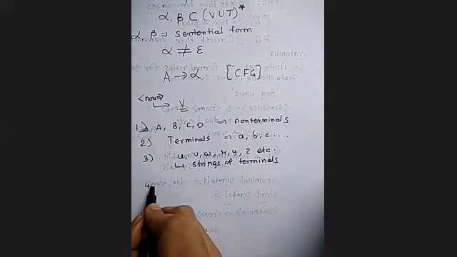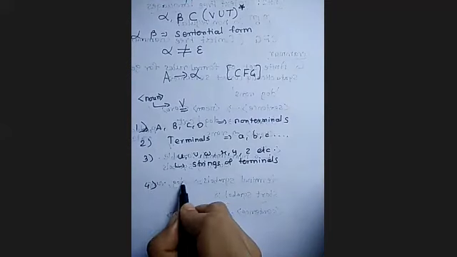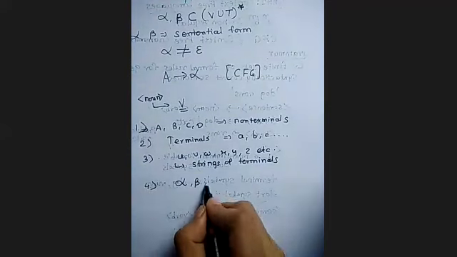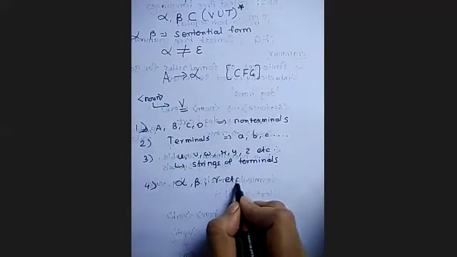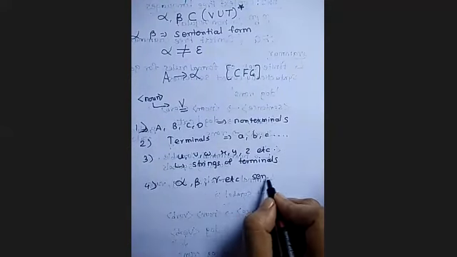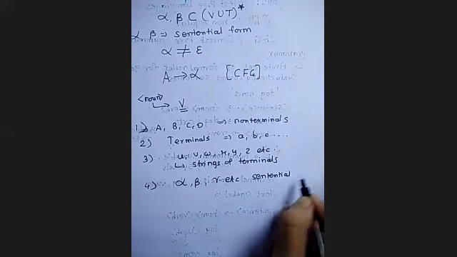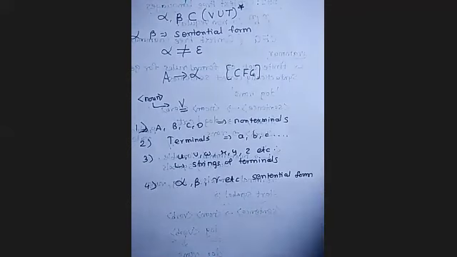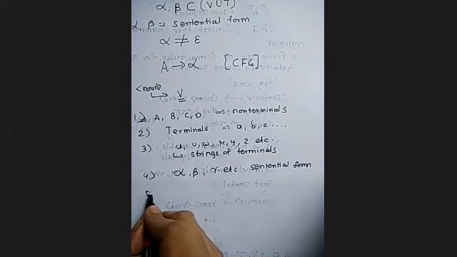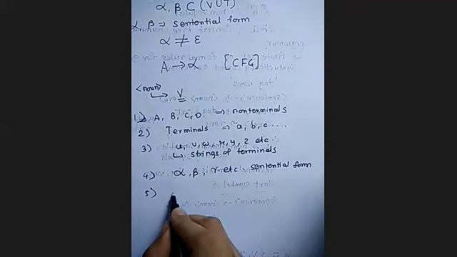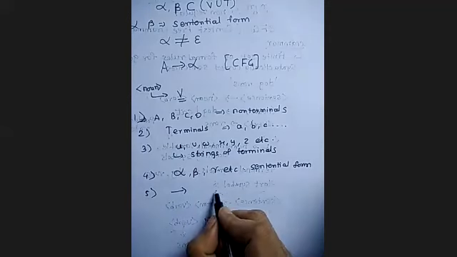Then for sentential forms, as I already told, we are going to use alpha, beta, gamma, etc. to indicate a sentential form. Then the arrow stands for what? Production.